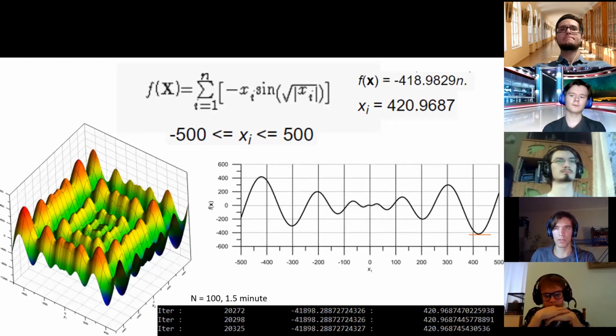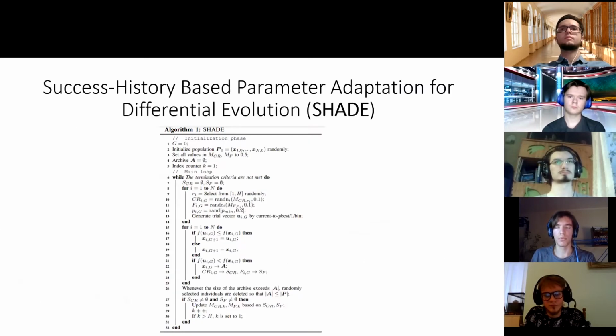For this algorithm, we use the Schaffer function as a problem, which is interesting for us for having a lot of local extrema, for example, at 0, 0. But we want our algorithm to find the global extremum, on the interval from minus 5,000 to 5,000.